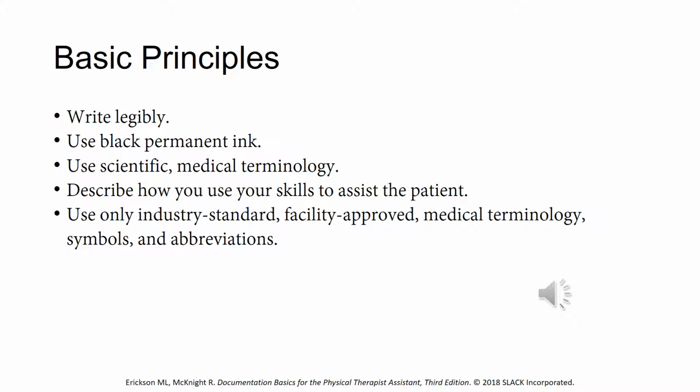Okay. Other basic principles include writing legibly, using black permanent ink, using scientific medical terminology, describing how you use your skills to assist the patient, and using only industry standard, facility approved medical terminology, symbols, and abbreviations. So this is really going to depend on your facility.